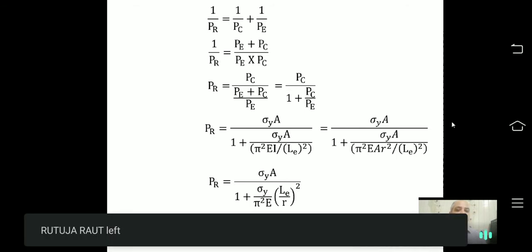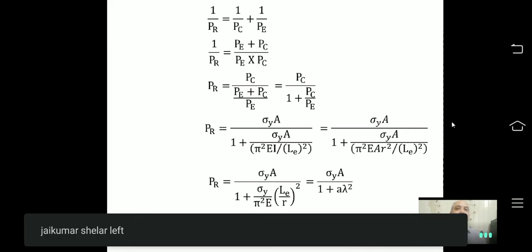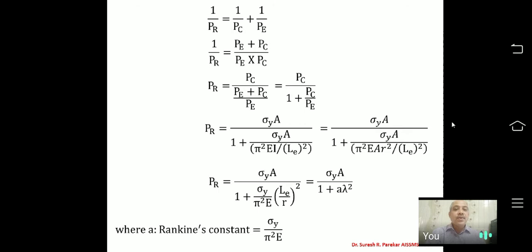So this value is constant, and therefore sigma y upon pi square E is known as Rankine's constant, and we have sigma y into A upon 1 plus A into lambda square, and that gives me Rankine's formula. So we can have A, Rankine's constant, sigma y upon pi square E.